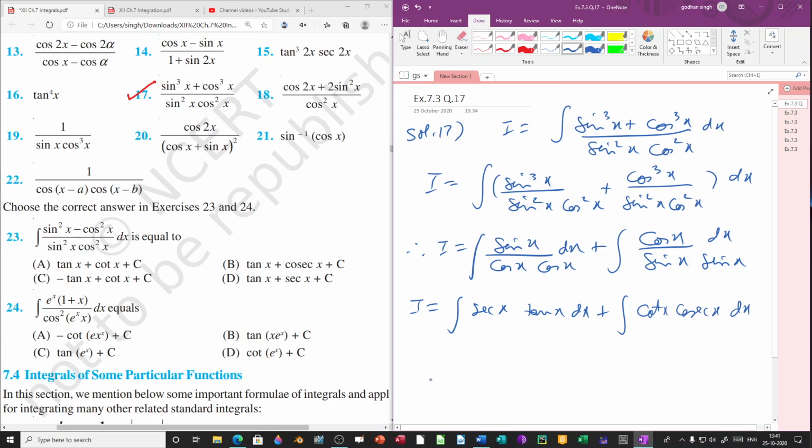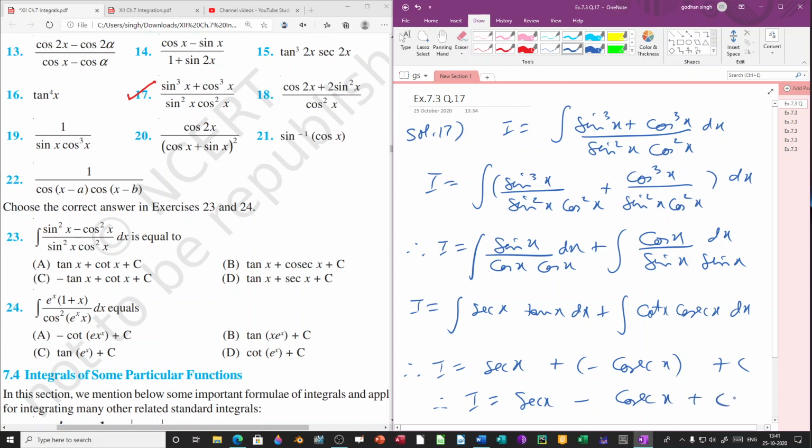Now, both are in standard form, therefore, we know the integration of sec x tan x is sec x, so we will be writing the answer as sec x plus integration of cot x cosec x, that is minus cosec x plus c. So, final answer is sec x minus cosec x plus c.